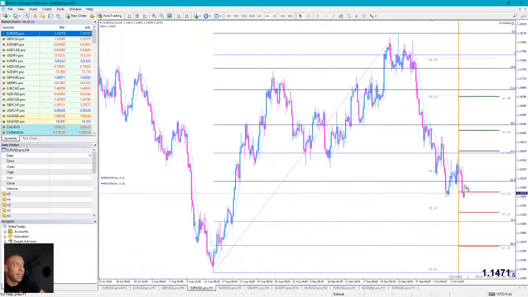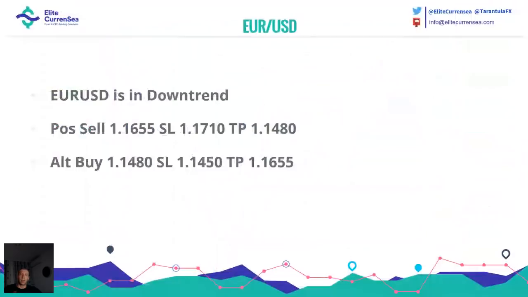We need to see a continuation above this trend line and then above this double top, then the price will go up. Definitely, I think that. But as I say, I'm already in a position, so I don't know if this will happen. It's a 1450 stop loss, so well, if it happens, it happens. If not, we can make a nice risk to reward trade potentially. So let's wait and see.